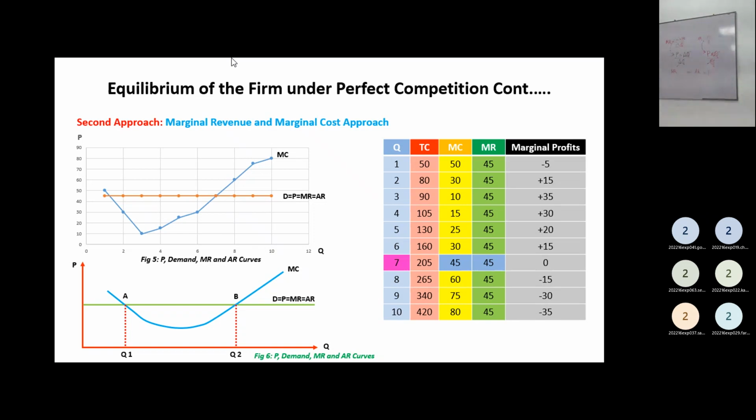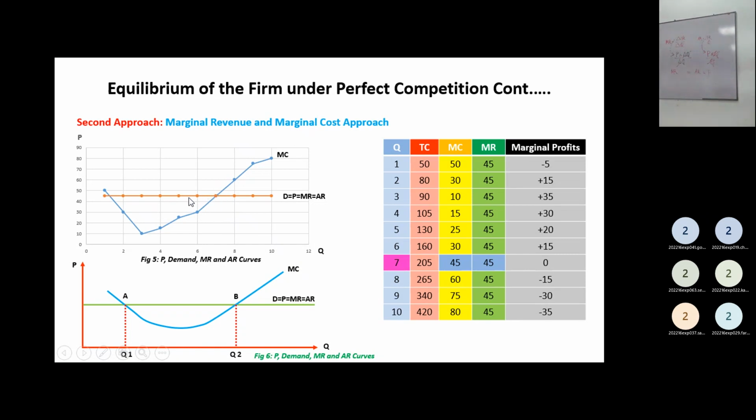So our condition is marginal revenue equals marginal cost. At that time, the profit is going to be maximized. Now here, there are 2 points where MR equals MC. Can you see this point as well as this point? So which output are you going to take here? At this point marginal revenue equals marginal cost, and again here your marginal cost equals marginal revenue.